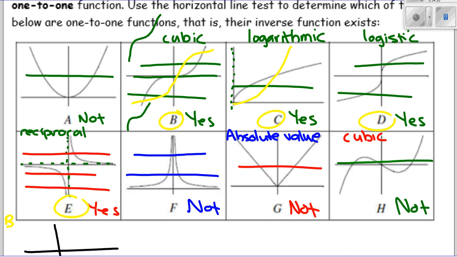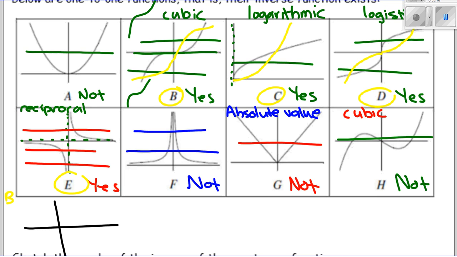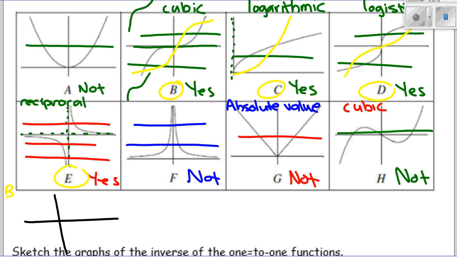The logistic was a yes, so this one. So we just did a logistic one. Oh, and the other one was the reciprocal one.